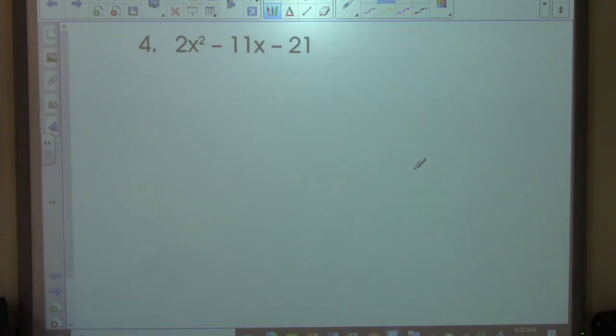So I'm going to show you a method where you don't have to guess and check. It's sometimes called the X method or the bottoms up method. Actually, those are 2 different processes.